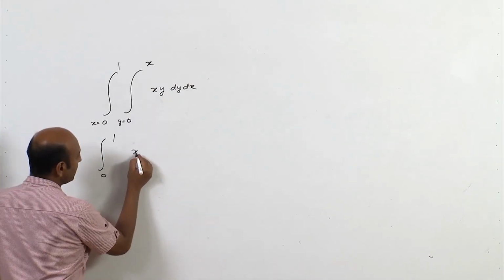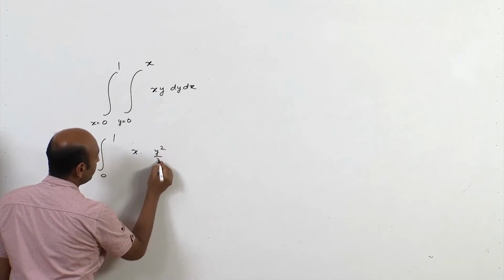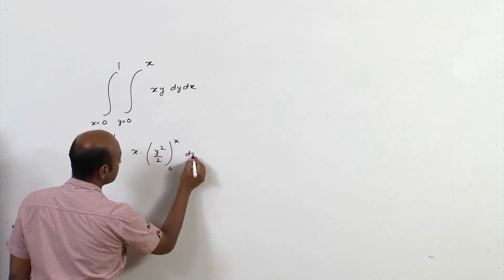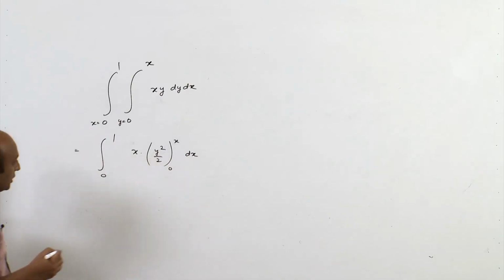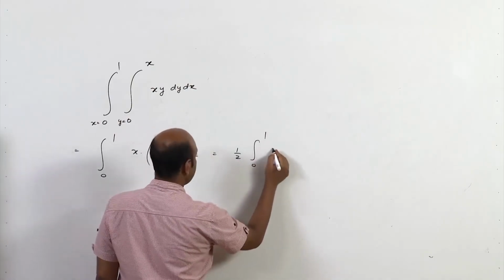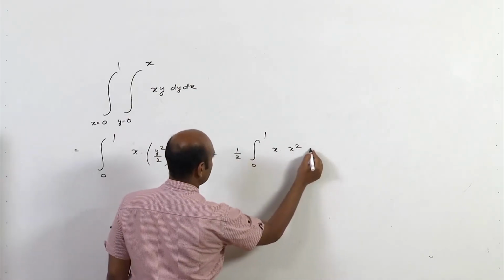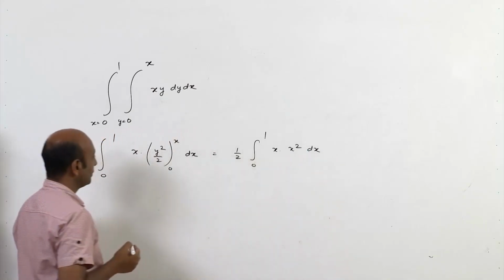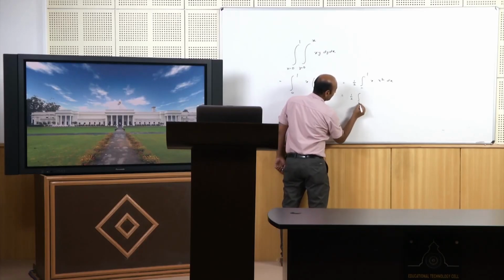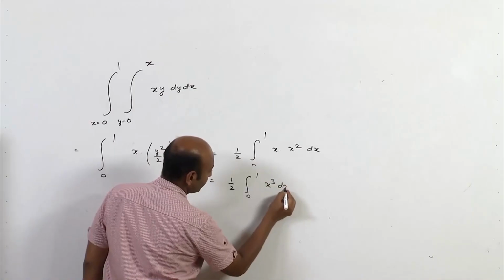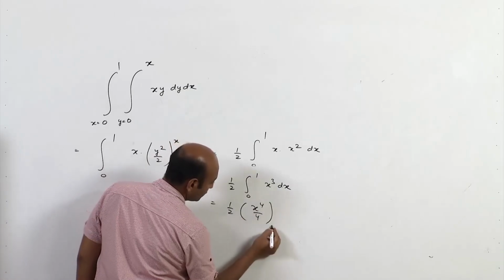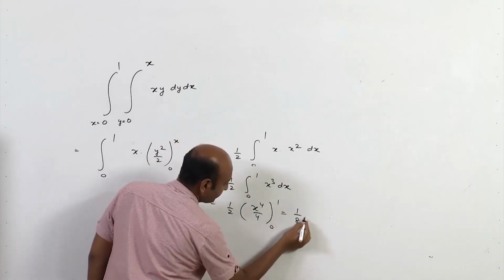So, it is x times y square by 2, with y varying from 0 to x, and dx. So, 1 by 2 can come out, integral 0 to 1 of x times x square dx, because for 0 it is 0. This equals 1 by 2 integral 0 to 1 of x cube dx, which equals 1 by 2 times x raised to power 4 by 4 from 0 to 1, which is 1 by 8.